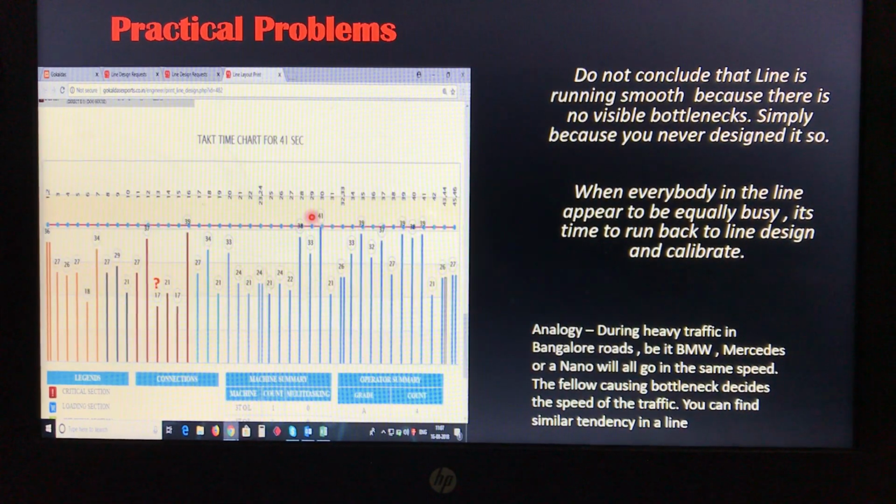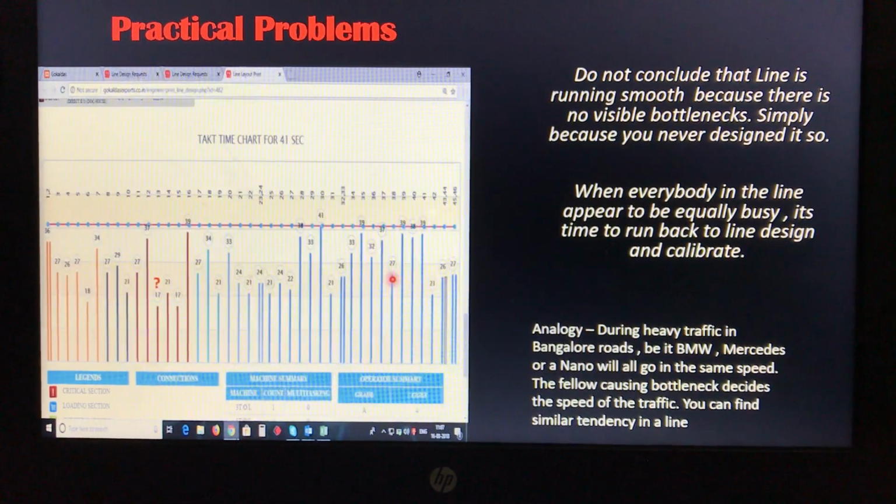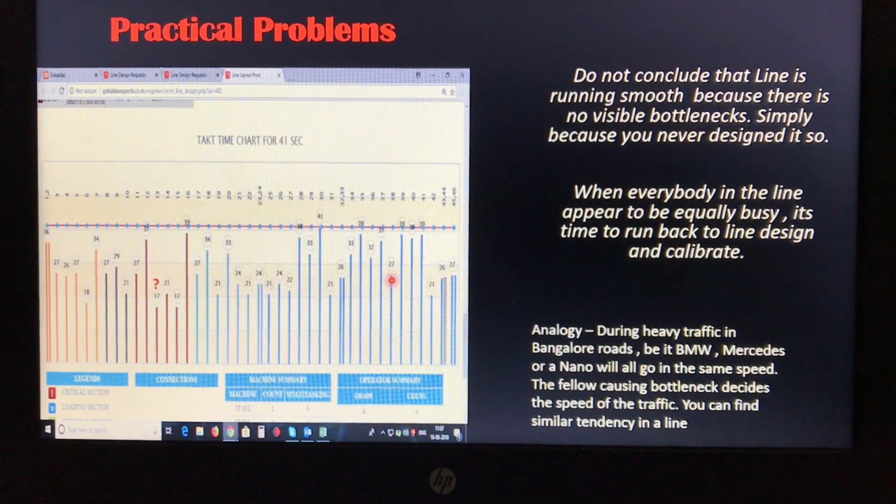And if you take an OCT, almost 80% of the operations will be higher than takt time, and almost every operator will be higher than their own SAM. This would be the scenario when you walk through the line commonly, or this is the scenario you would come across most of the time.